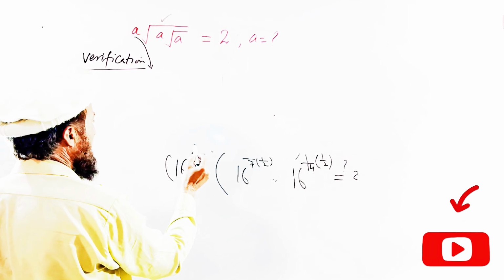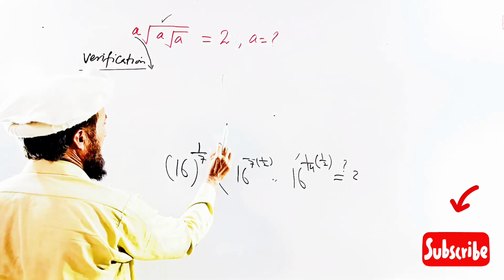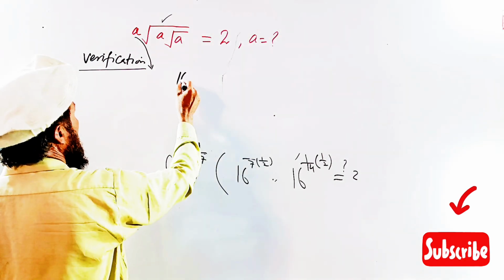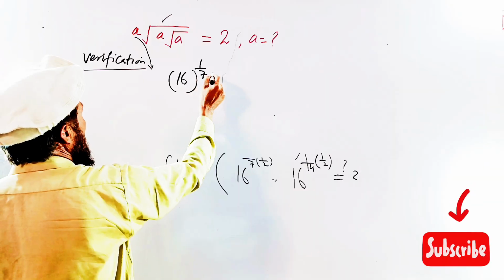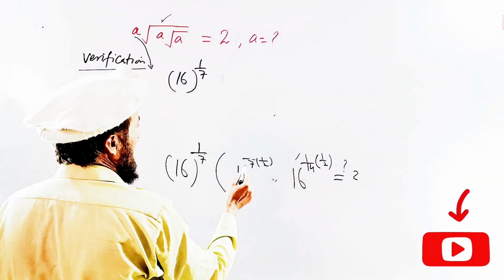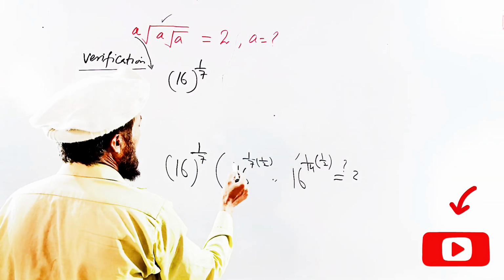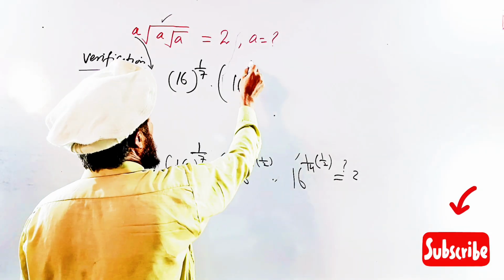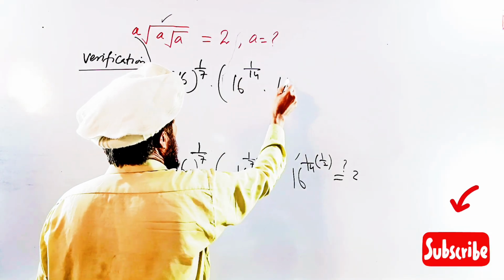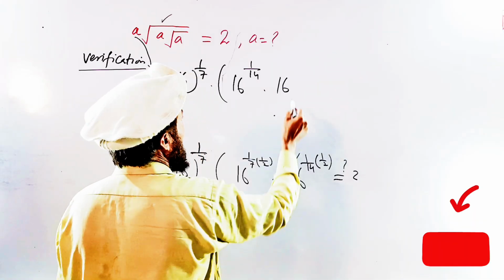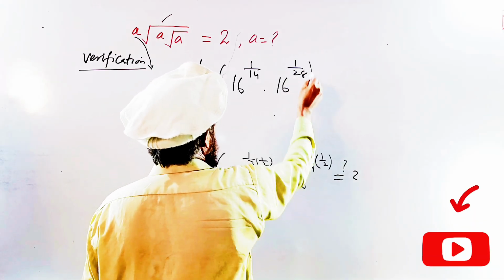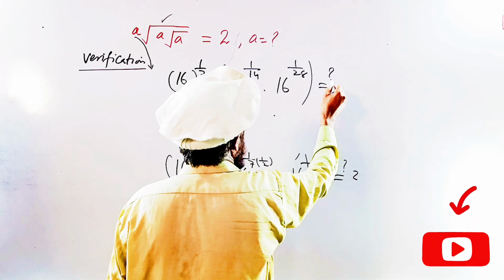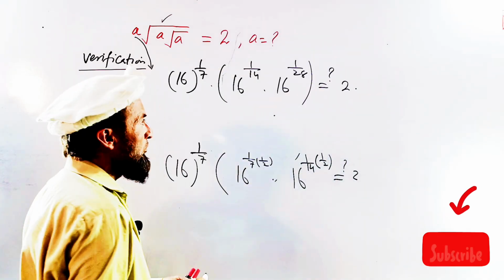This is 1 by 7. Now 16 to the 1 by 7, and this is also 1 by 7, and 16 multiplied by this 1 by 14 gives 1 by 28, is the question mark 2, as we want to prove.